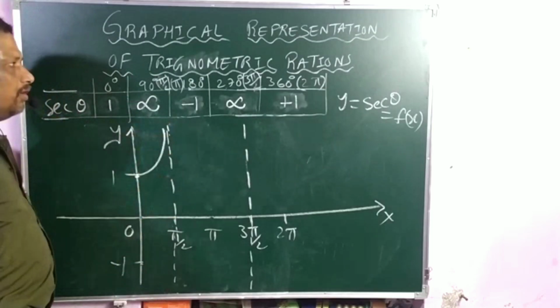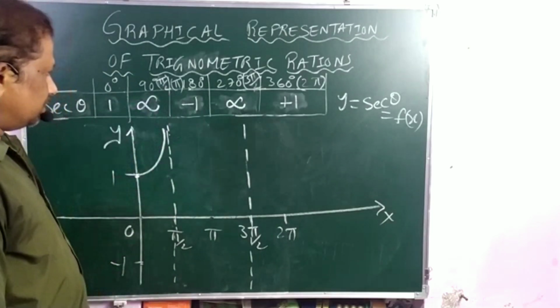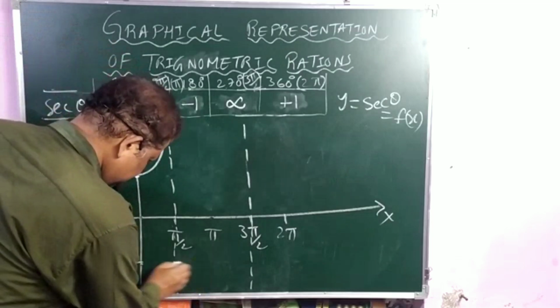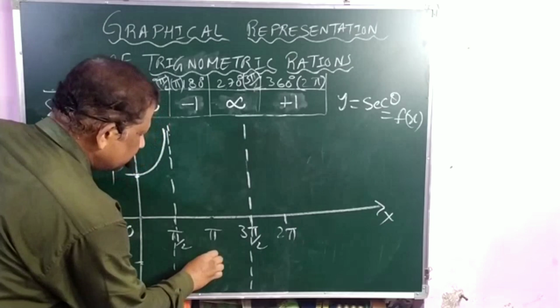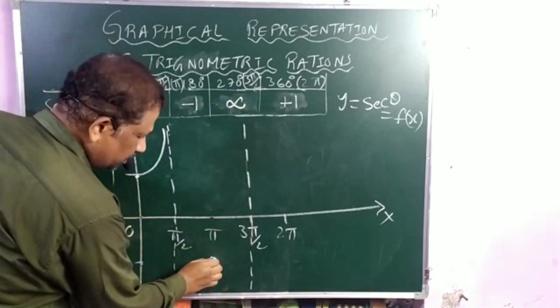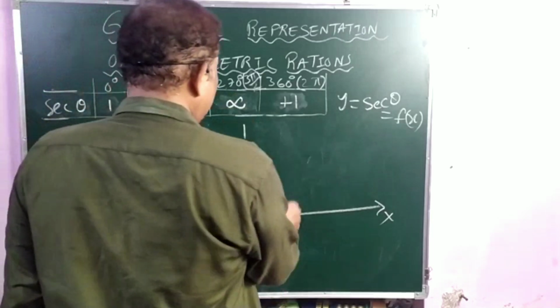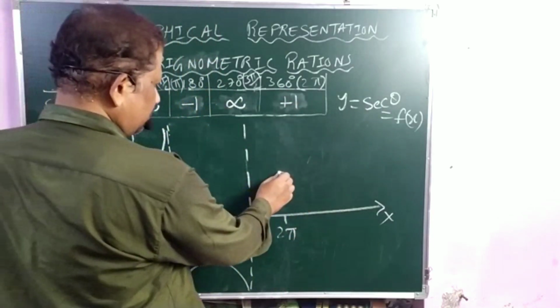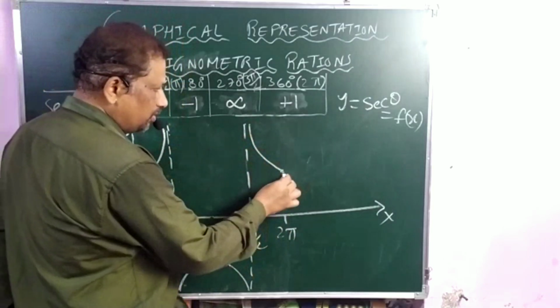Okay. Next, secant 180 degrees, minus 1. This is minus 1. So infinity to minus 1. And at 90 degrees and 270 degrees, infinity. Okay. So next, 360 degrees, 1. Infinity to 1.